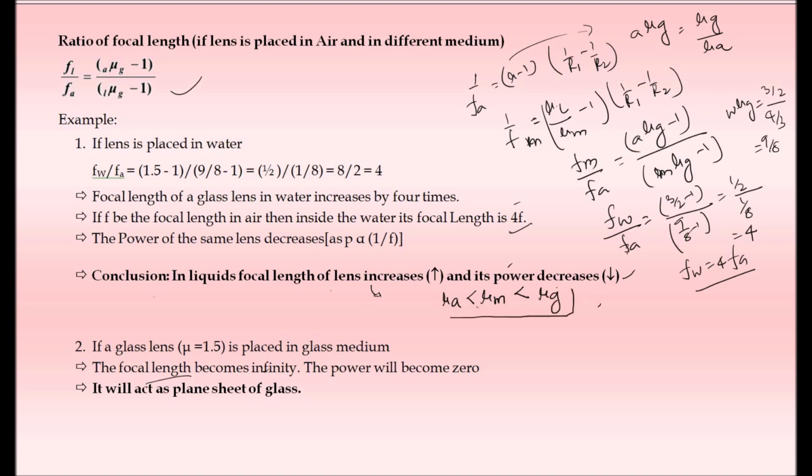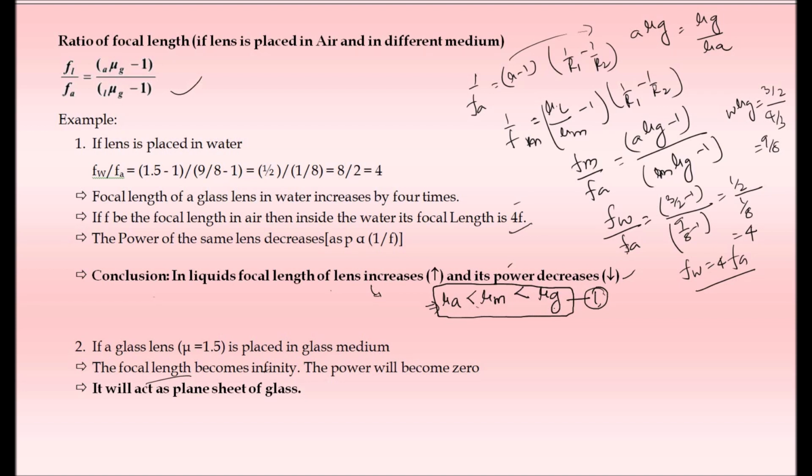So as long as this condition holds, the focal length of the lens increases and its power decreases, as power is inversely proportional to focal length.